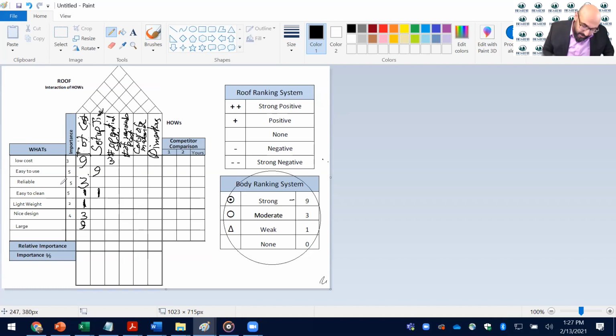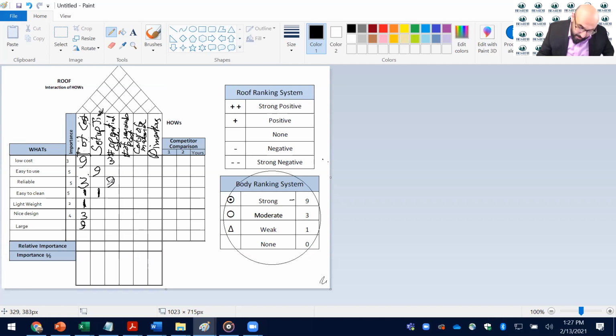Number of operational cycles and reliable, oh, that's very strong. So I'm going to make it a 9. Number of operational cycles and easy to clean, I don't see any relationship. How about lightweight and number of operational cycles? No, I don't see any. Number of operational cycles and large, also I don't see any relationship.